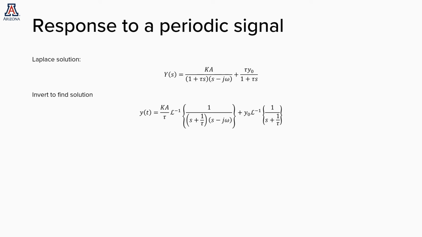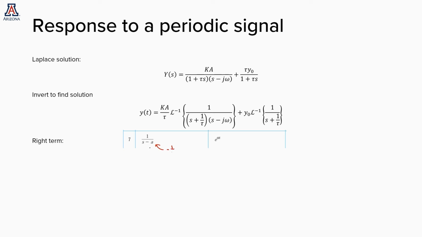So that leaves us with two terms that we have to look up from a Laplace table. And so first we'll start with the right term because it's the easiest. That one is 1 over s plus 1 over tau. And if we go and look it up in one of various tables on this topic, for example, the one that I uploaded to D2L, you'll see that 1 over s minus a is equal to e to the at.